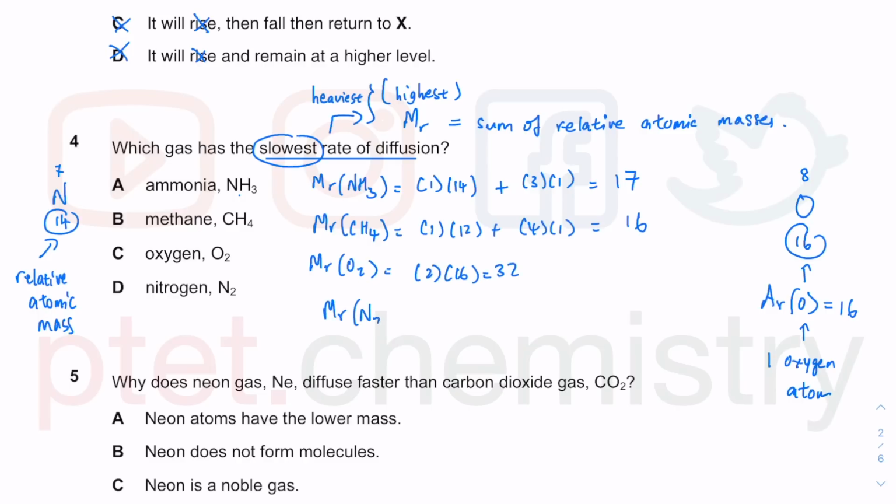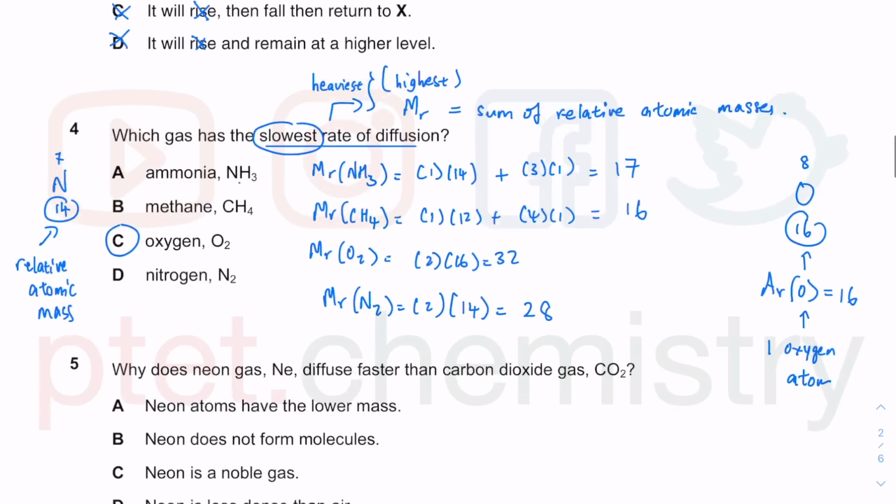Now the MR of N2: I've got 2 nitrogen atoms. Just like oxygen, they are diatomic, so it's 2 times 14, because this number is for 1 atom of nitrogen. Now, which one is the heaviest? The heaviest is 32, and therefore the answer is C, because the heavier the molecule is, the slower it is to move and to diffuse.